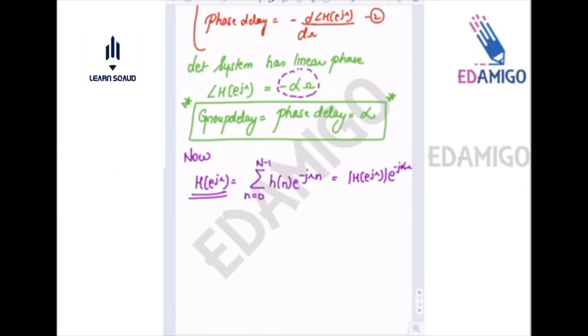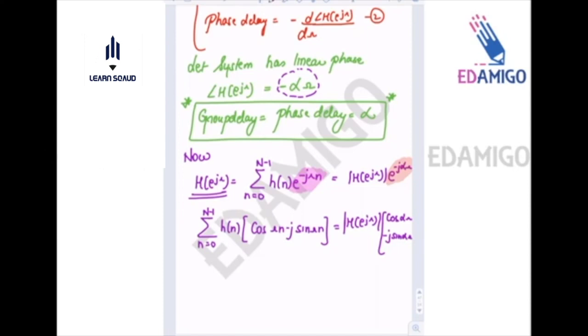Now e^{-jσn} can be written in cos and sine: cos of sigma n minus j sine of sigma n, and writing e^{-jασ} in cos and sine, we will get cos of alpha sigma minus j sine of alpha sigma.